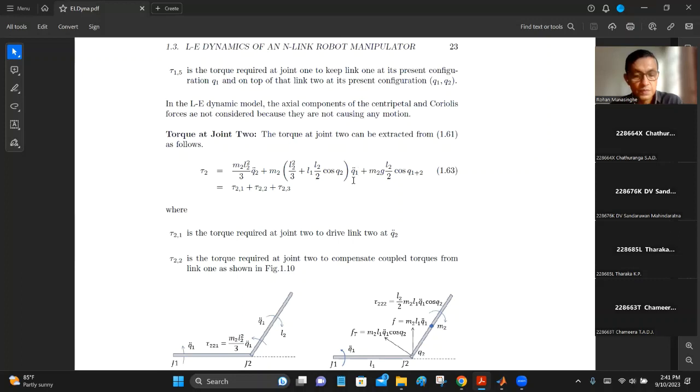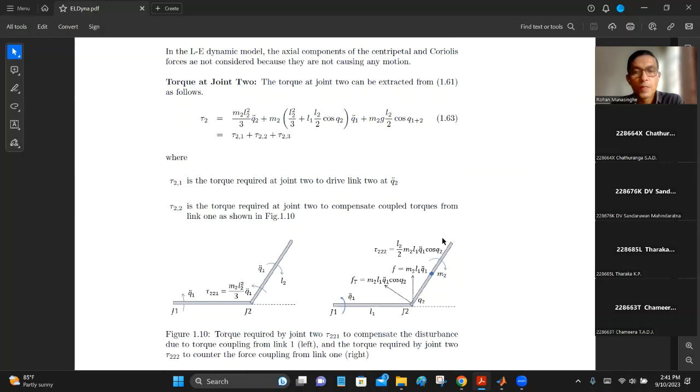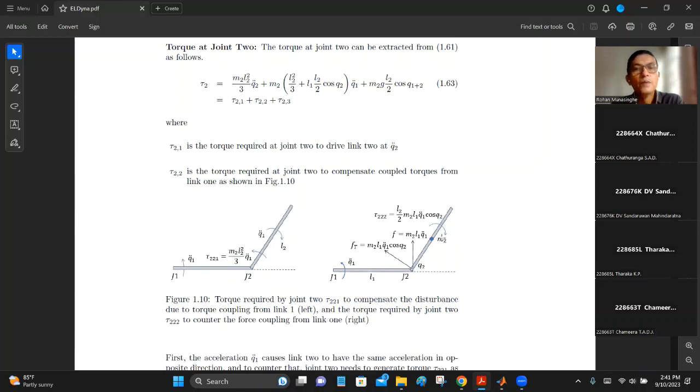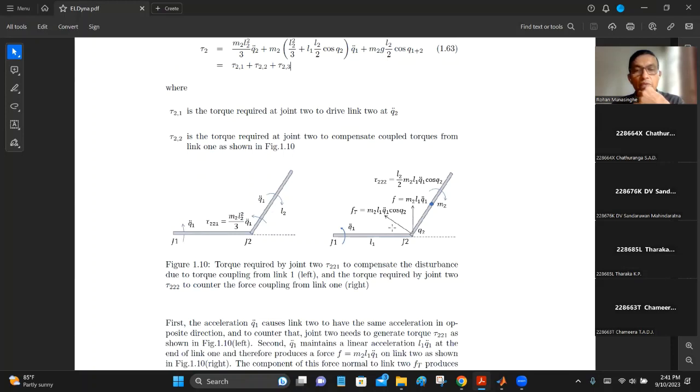How does that L1 term come in for the force expression? Say it again. In the force expression, M2 L1 Q1, this L1 comes... Which one are you referring to? We have three terms. In the figure, the equation, F equals M2 L1 Q1 double dot.